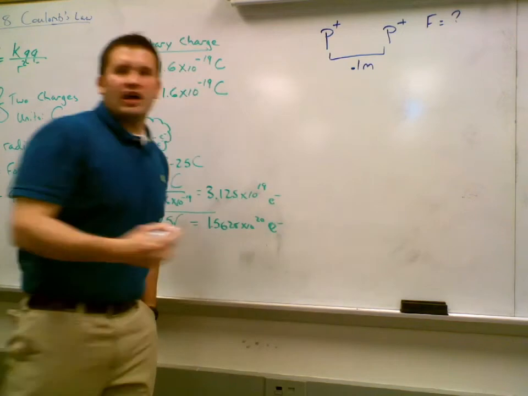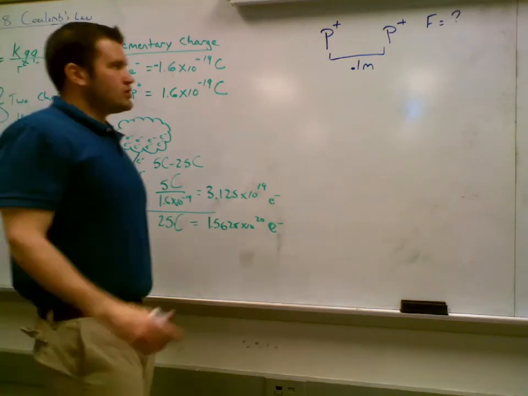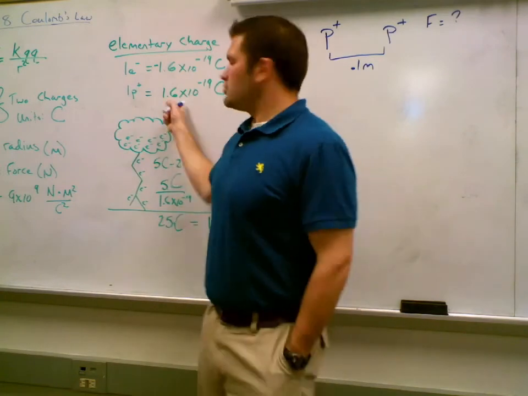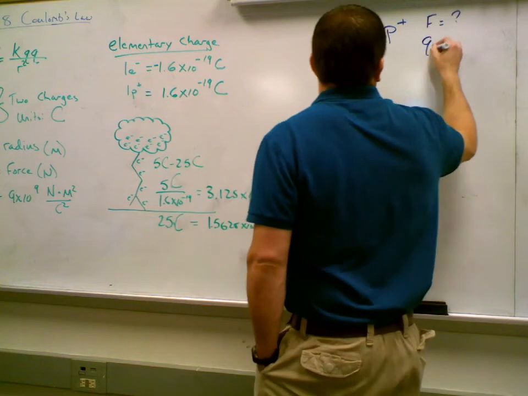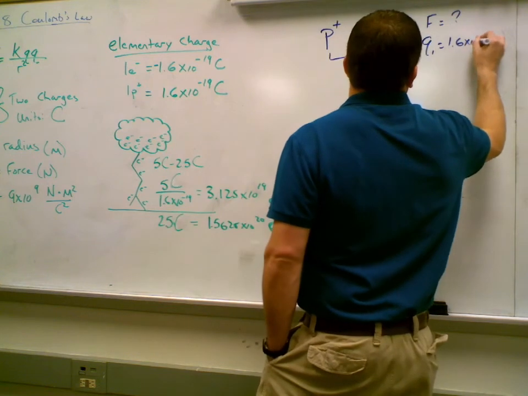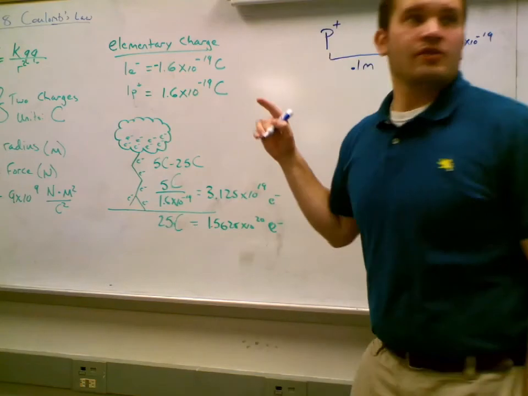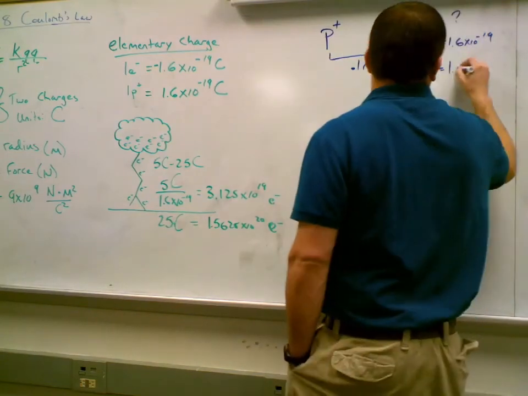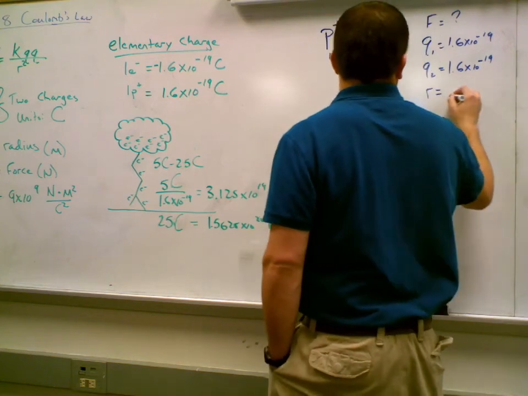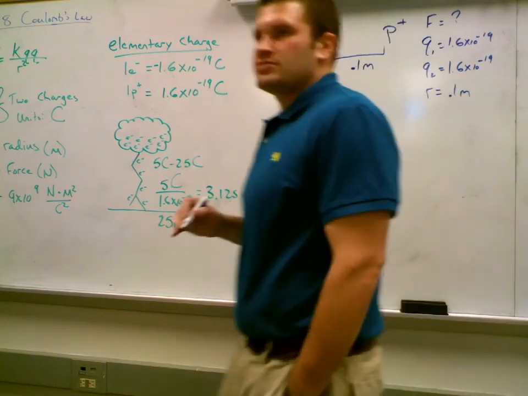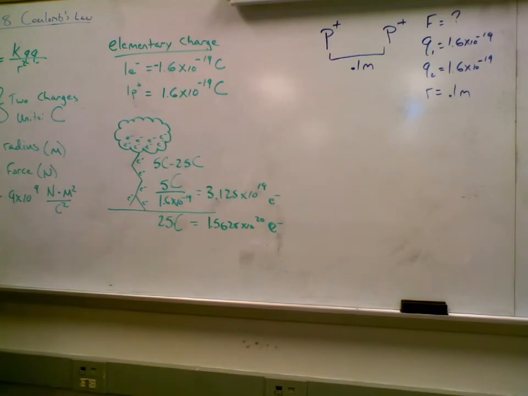Well, if I have a proton, what's my Q1? What's Q1 for a proton? Good. So one of my Q's will be 1.6 times 10 to the negative 19. The other Q will be the same thing. The radius is 0.1 meters. So can we find the force?